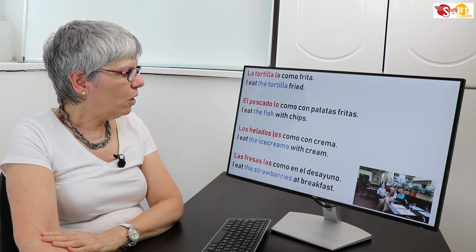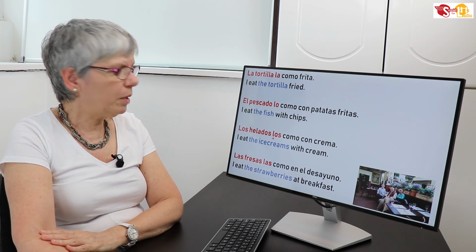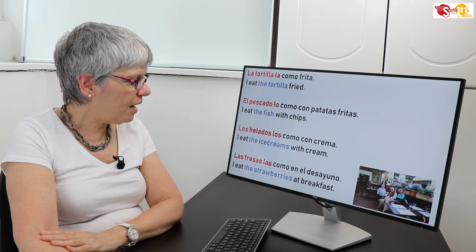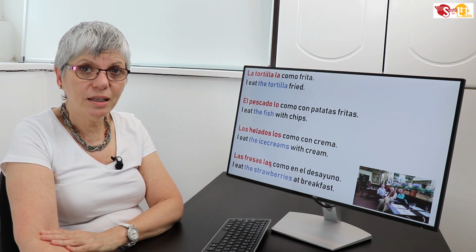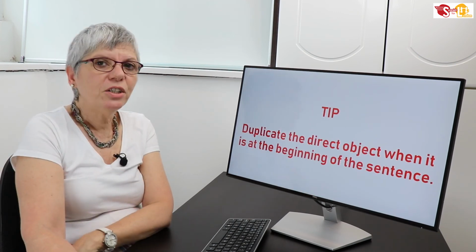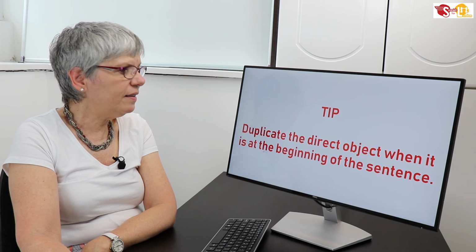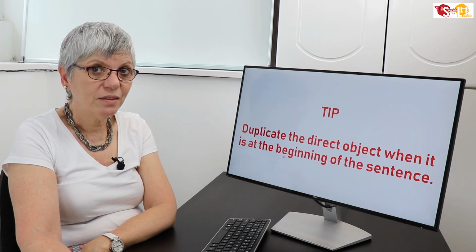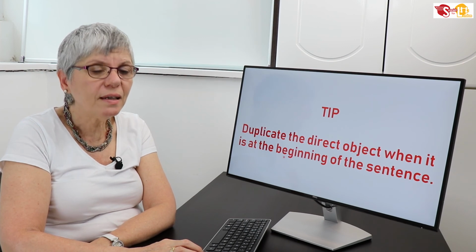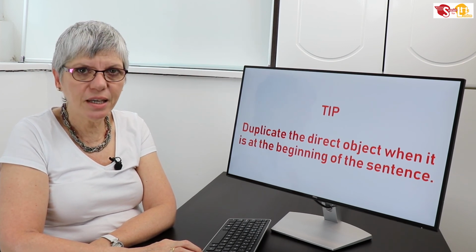Los helados los como con crema. I eat the strawberries at breakfast. Las fresas las como en el desayuno. Apply the pronoun when the direct object is at the beginning of the sentence. Okay? This is mandatory. If you don't do this, it will be a mistake.